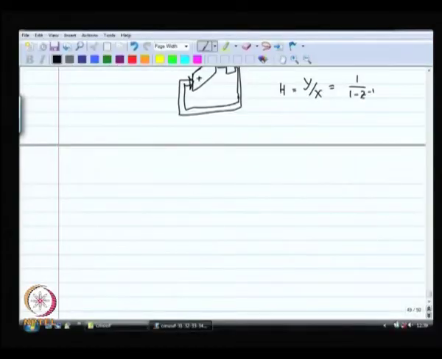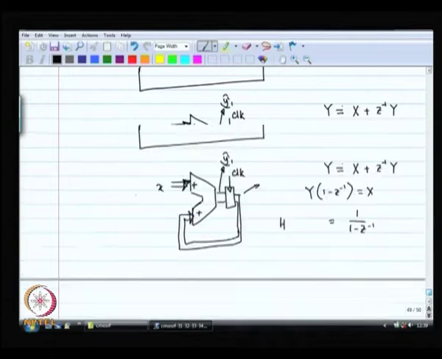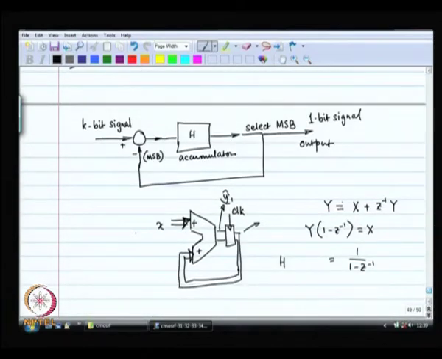So, this is your H. Now, of course, I do not really want to call this x and y, I would rather call this E and y hat.